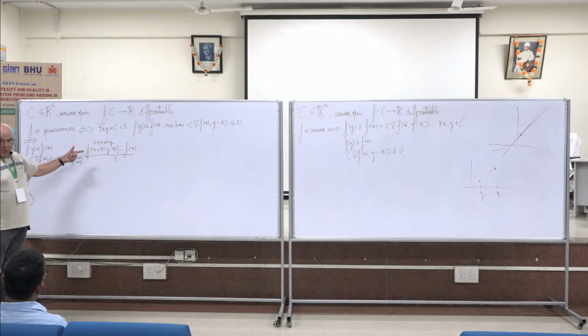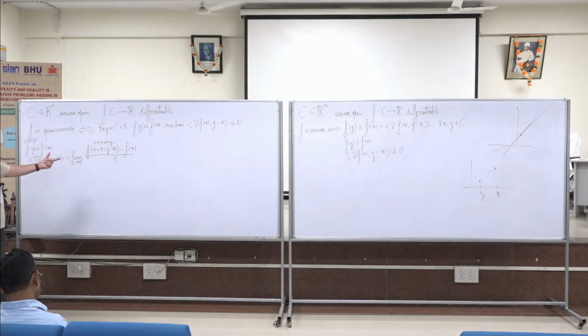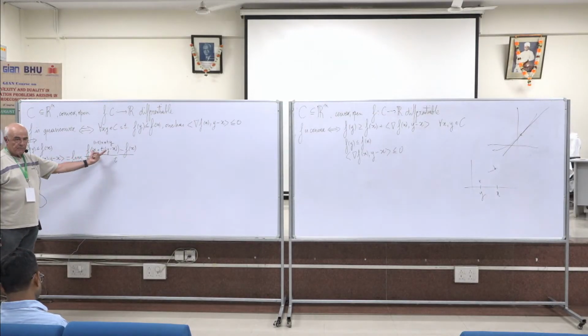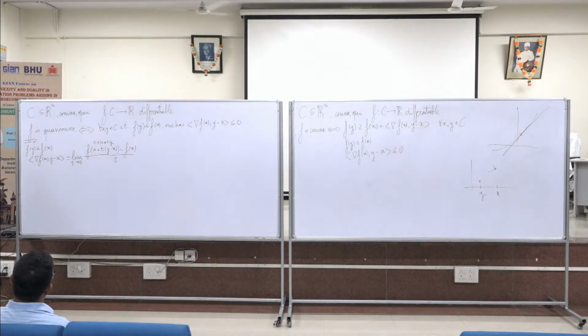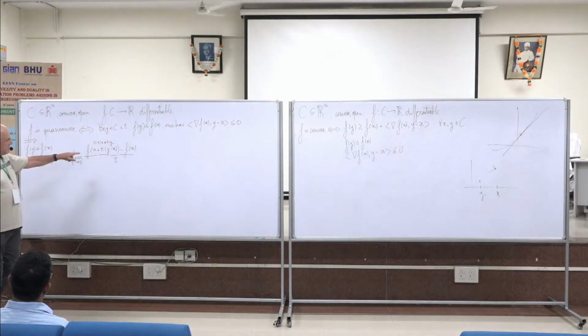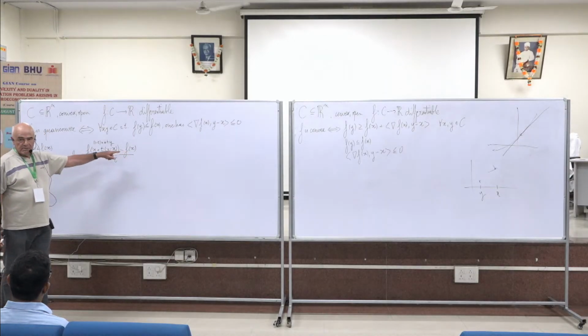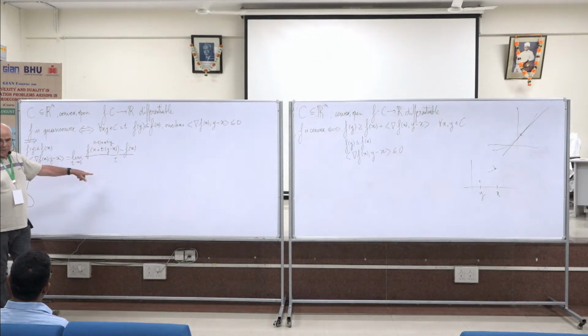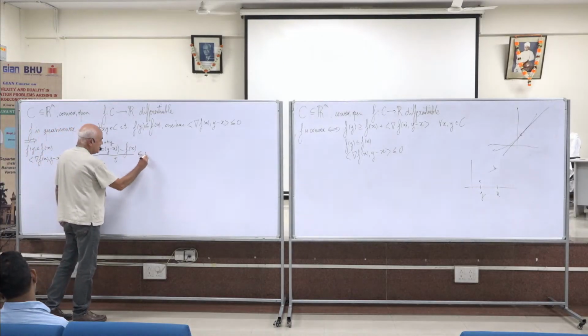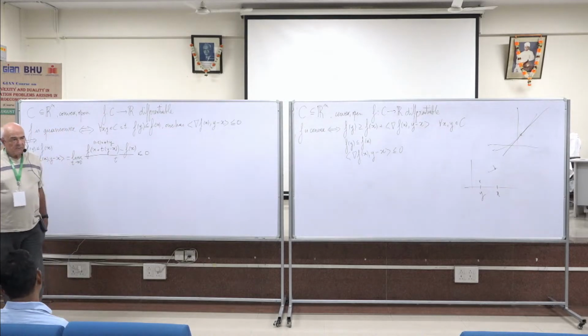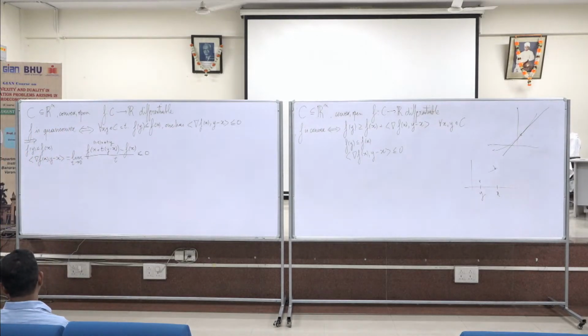And by quasi-convexity, which we are assuming, this convex combination is less than or equal to the maximum of f of x and f of y. But in this situation, the maximum is f of x, which means this difference is negative. And we are considering t positive. So divided by t, this would be less than or equal to 0, as was to be proved.